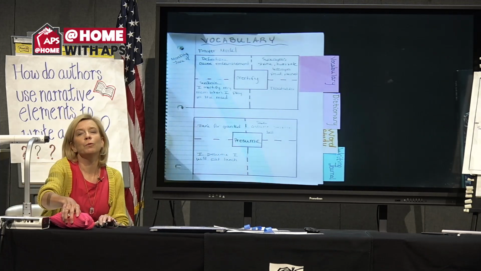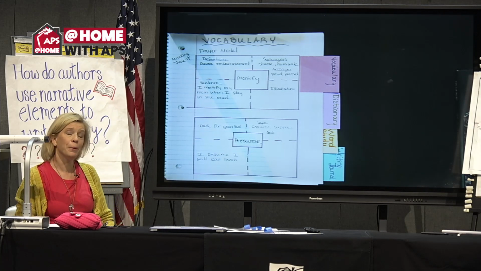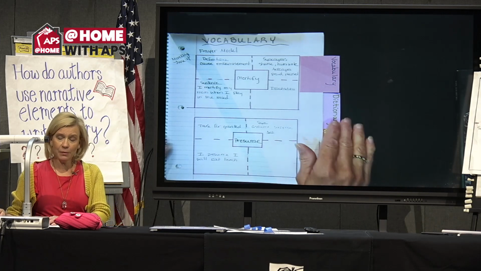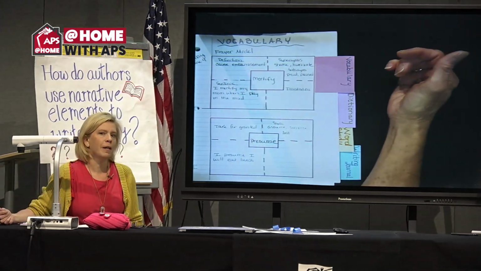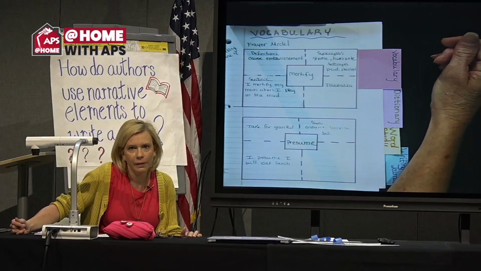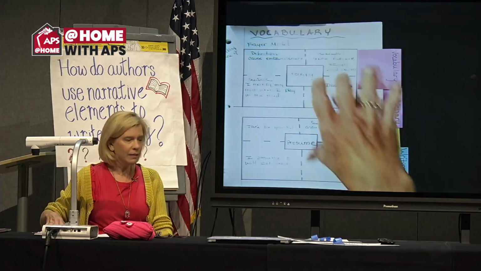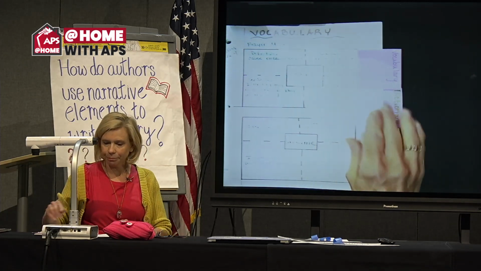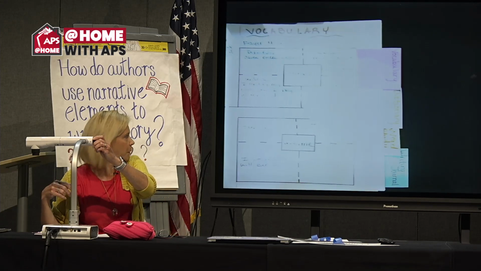Vocabulary were the new words that we learned. And if you remember, we did them using a Frayer model. And a Frayer model is just a fancy word for a diagram for your vocabulary. And so the Frayer model kind of looks like this. Let me move it down a little bit so you can see it.